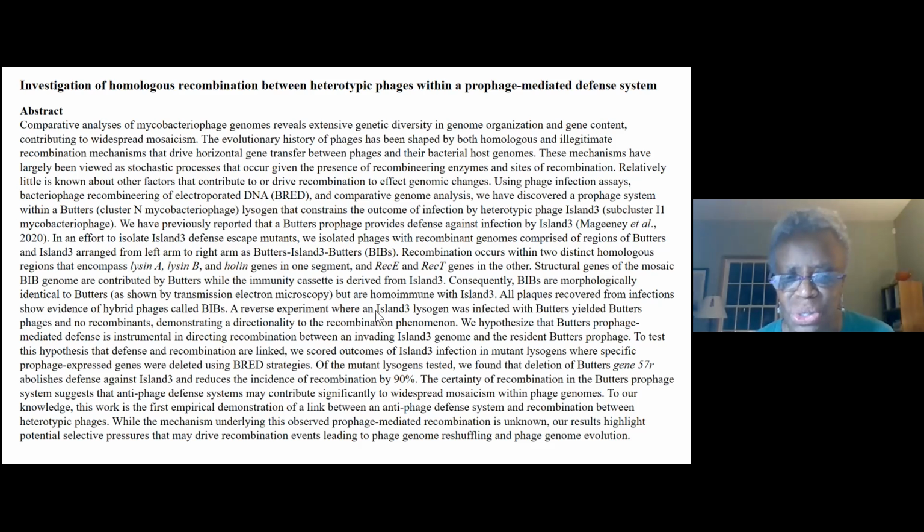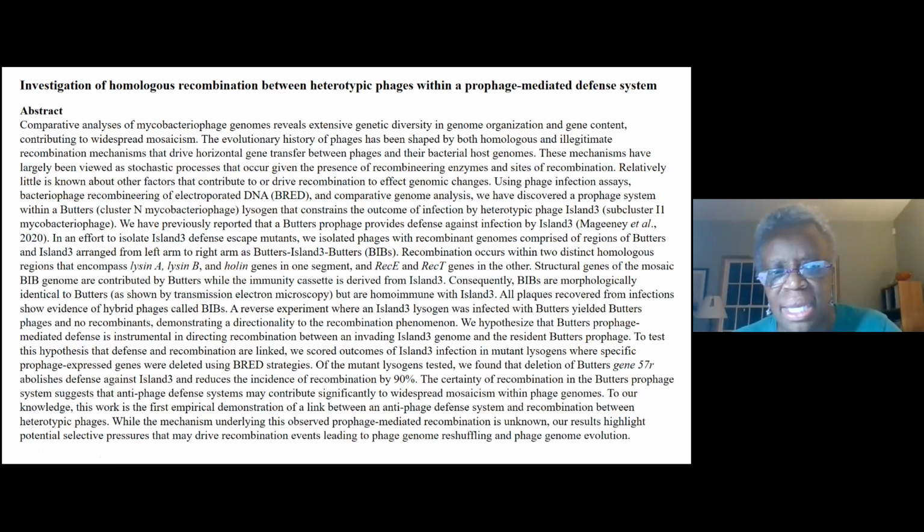But it makes a better story if I tell you from the beginning. If I were to ask you to pick out important points from this particular abstract, you would at some point see this line that says we have previously reported, that's a key that something happened early in this investigation.